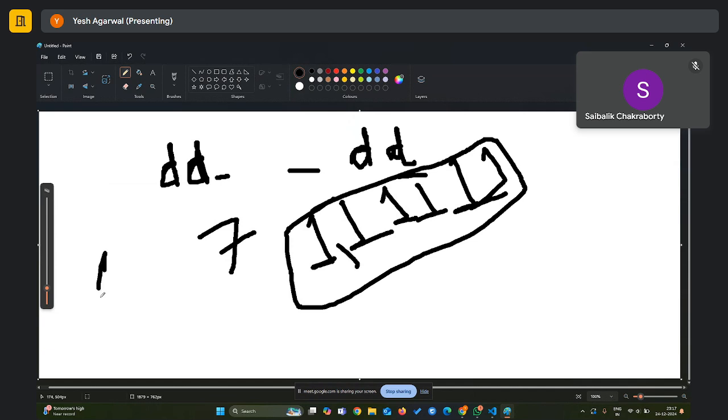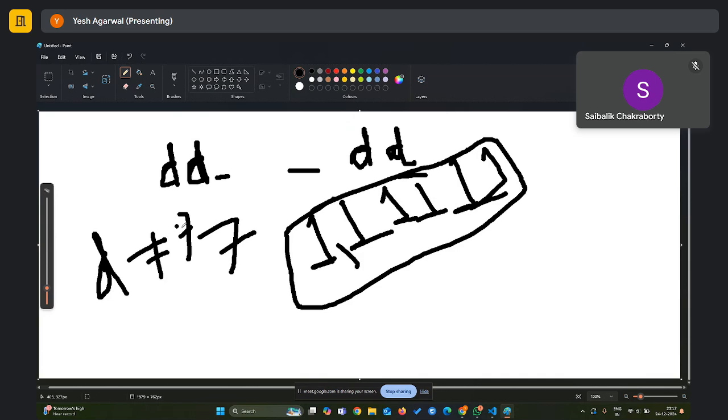I'm assuming d is not equal to 7. In that case, the number must have at least 6 digits if all the digits are the same.